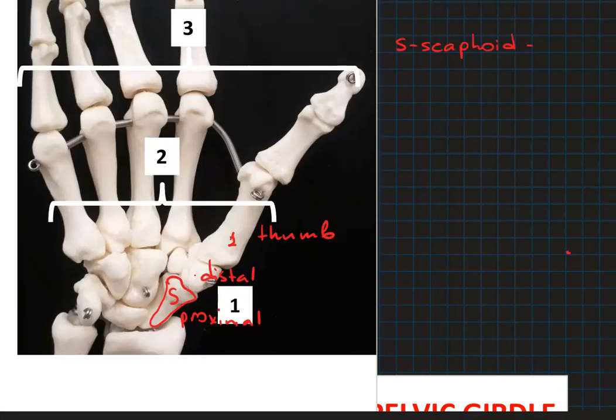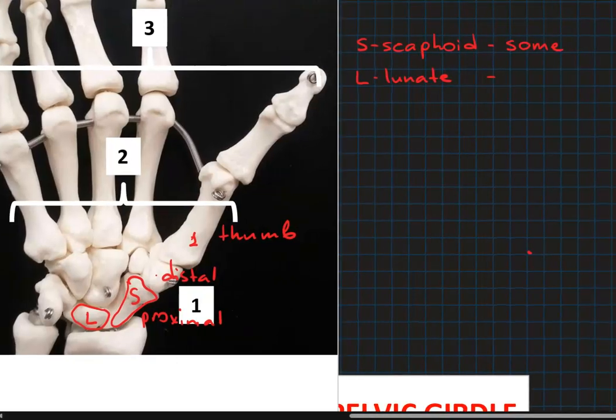And the first letter is "some" in the mnemonic rule, I mean. Okay? Then we go to that bone, the L. Lunate. Lovers. Okay?